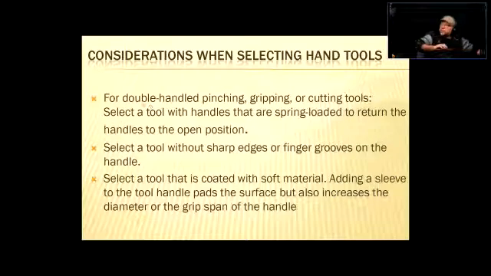Okay, now, all right, so here, for double-handed pinching, gripping, or cutting tools, select tools with handles that are spring-loaded to return the handles to the open position. Select the tool without sharp edges or finger grooves on the handle. Okay?